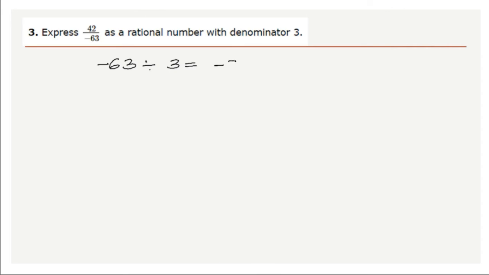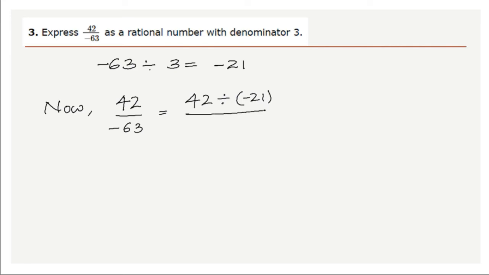We get negative 21. Now I need to consider the given number 42 upon negative 63, and I need to divide both the numerator and the denominator by negative 21.